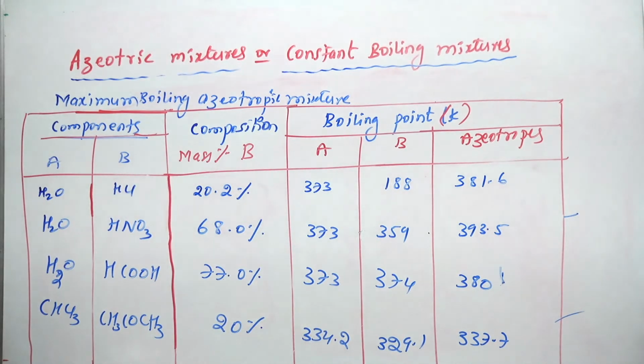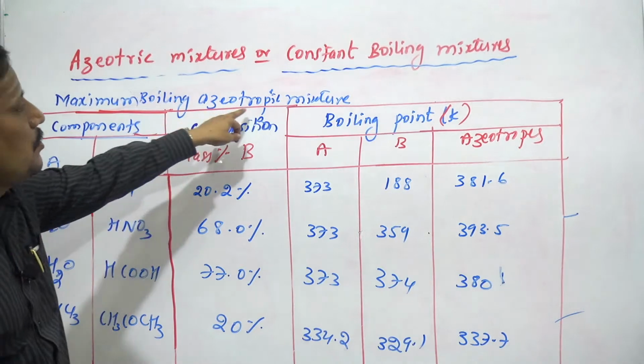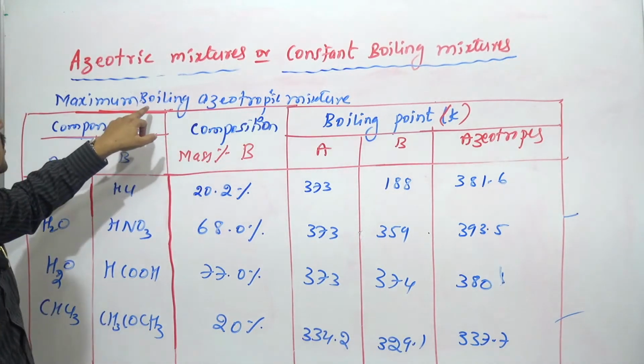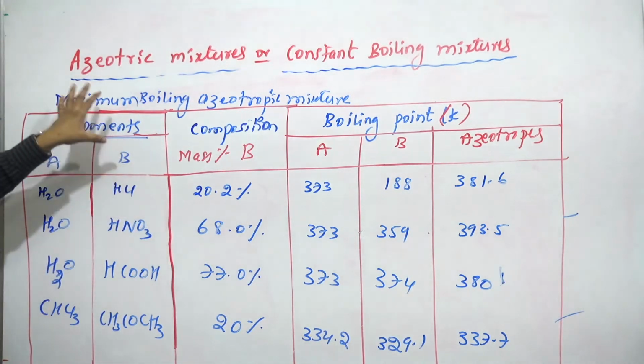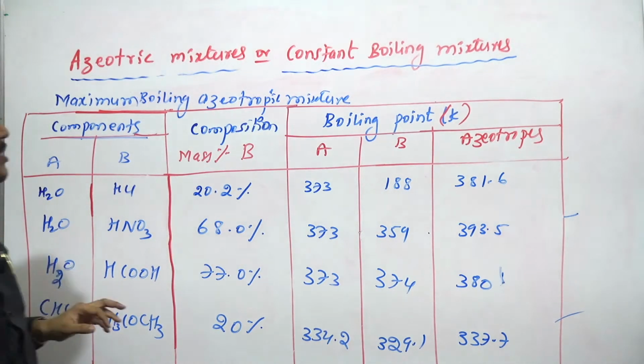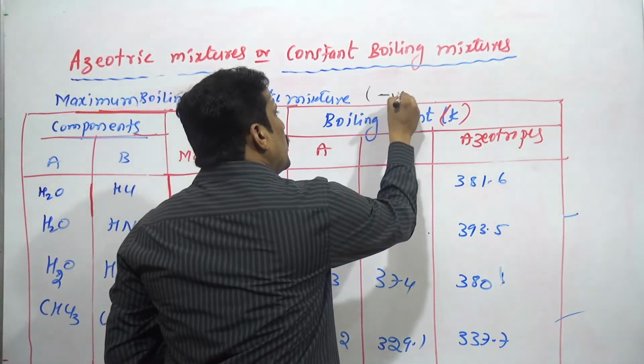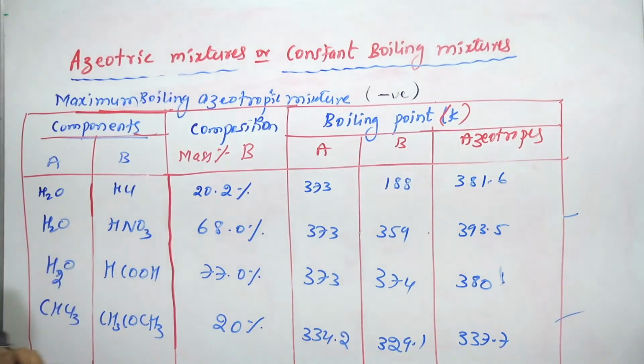Okay, you see the examples are there. They are the examples for the maximum boiling azeotropic mixture. Maximum boiling azeotropic mixtures show negative deviation from Raoult's law.